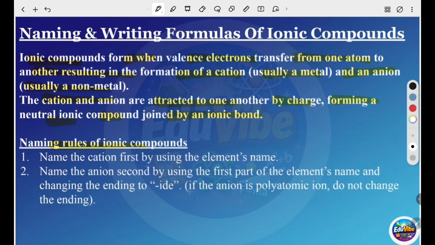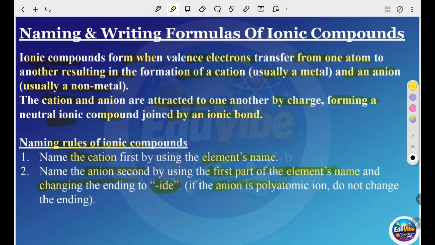To do this, we have to follow some steps. Name the cation first, name the positive ion first by using its element name, and then ion. Then name the anion by using the first part of the element's name. Only use the first part of the element's name and change the ending. For an anion, we have to change the ending to -ide, I-D-E, ide.